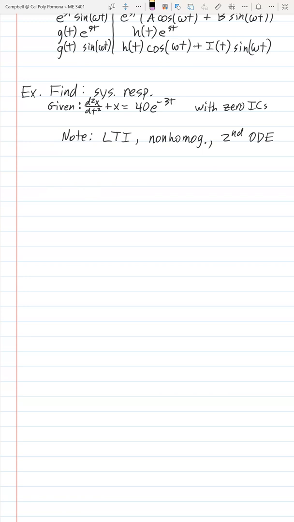So let's go ahead and start off with, we could either start with the particular solution or the homogeneous solution. And in this case, let's start with the homogeneous solution. And so when we're looking at the homogeneous solution, one of the first things that we want to look at is the characteristic equation.